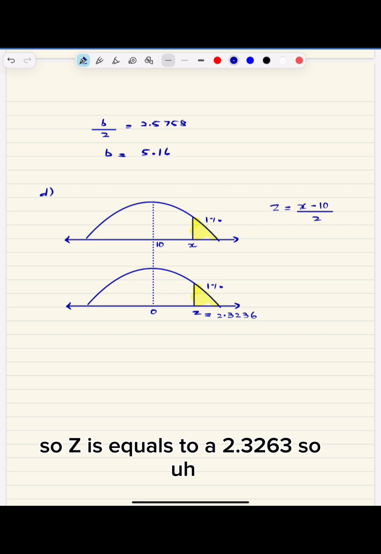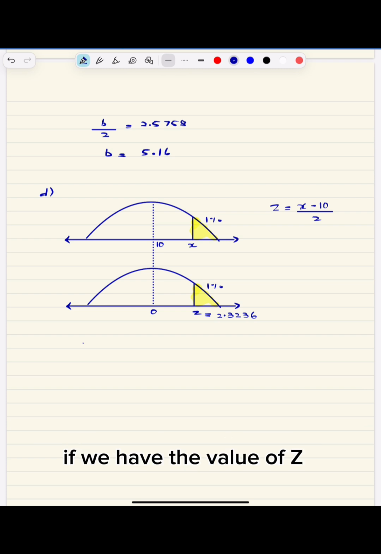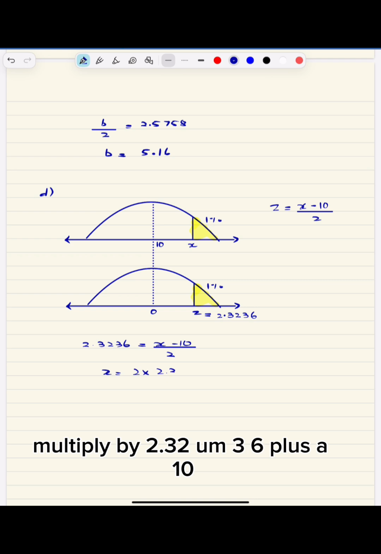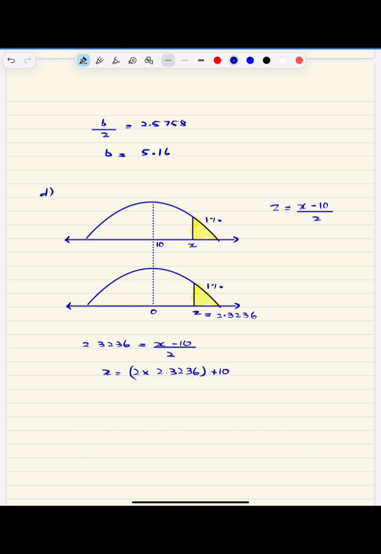Okay, so z is equal to 2.3263. So if we have the value of z, we can find the value of x, which is going to be 2 multiplied by 2.3263 plus 10. So it's 14.6472.